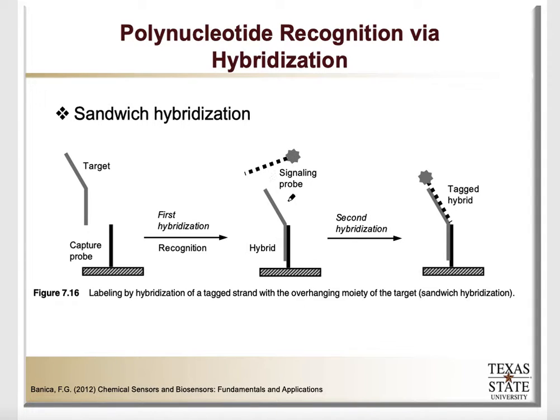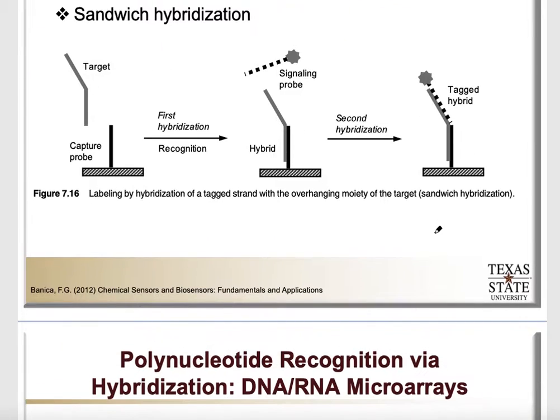That one is partially complementary to the overhang of the target. This kind of tail is known as the overhang, whatever part has not yet been hybridized to the capture probe. Once they hybridize through base pairing, you have your whole sandwich system, which is now fluorescently labeled, and you can read it utilizing fluorescence spectroscopy, for example.